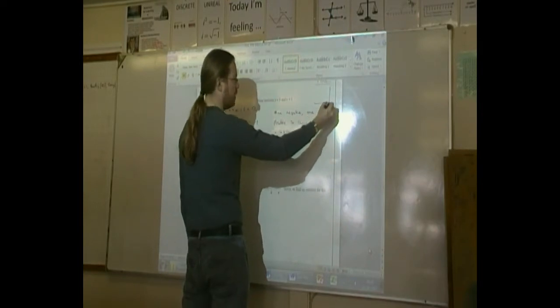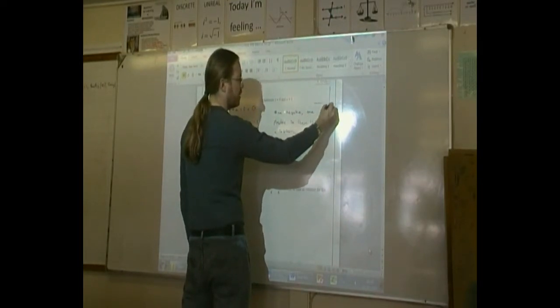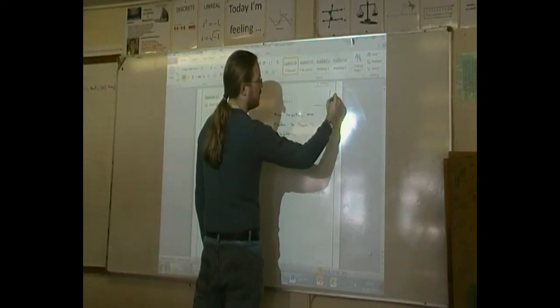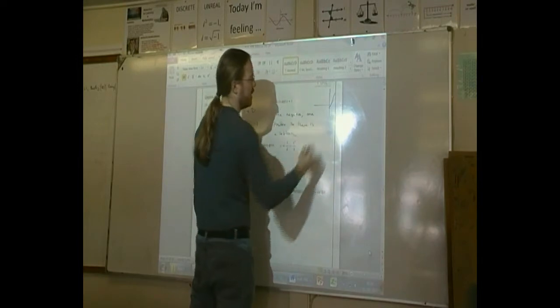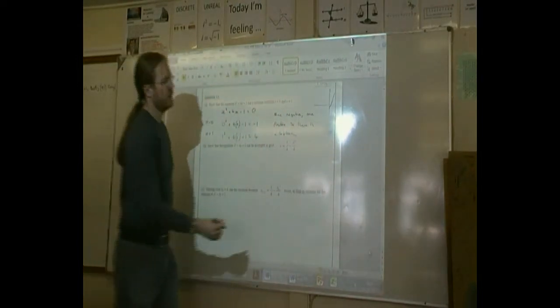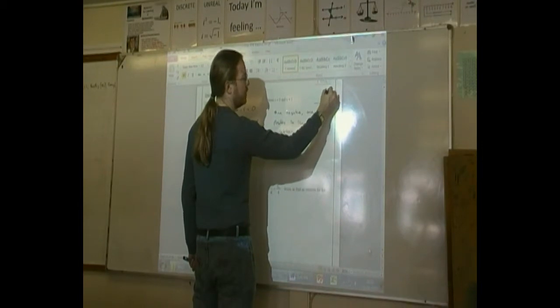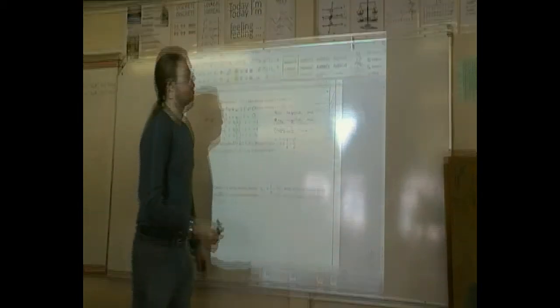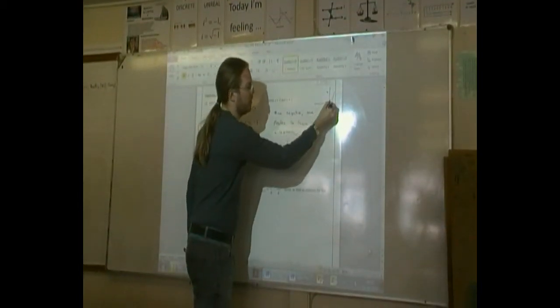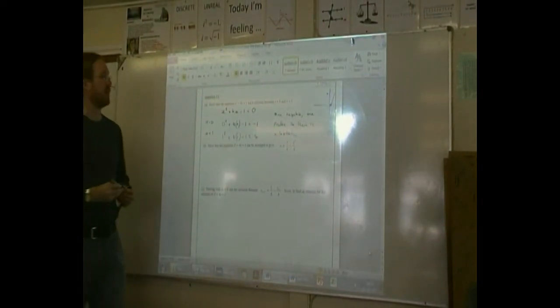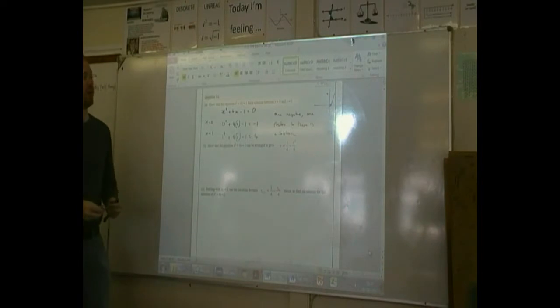When x is 0, we'd have a y value of minus 1, and when x is 1, we have a y value of 4. So it would go something like that. Y value of minus 1, y value of 4. And therefore, at some point between those two, it crosses, and you'd have a y value of 0.